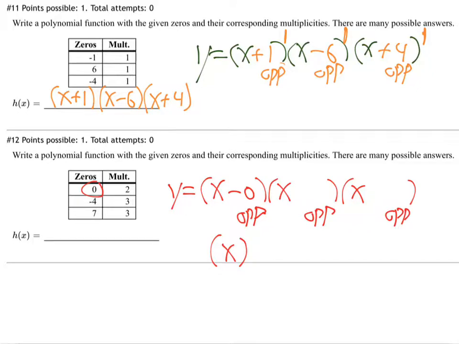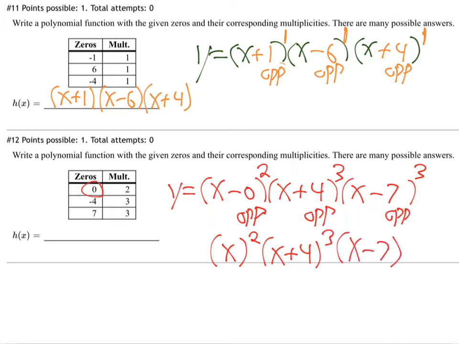Just like Dalton was saying, it's just x either way. And then this will be x plus 4. This will be x minus 7. Now this one has a second power, third power, third power. So it'll be x squared, x plus 4 cubed, x minus 7 cubed. There it is.